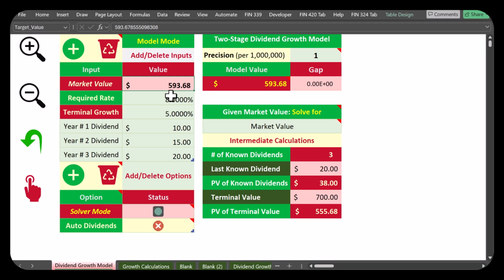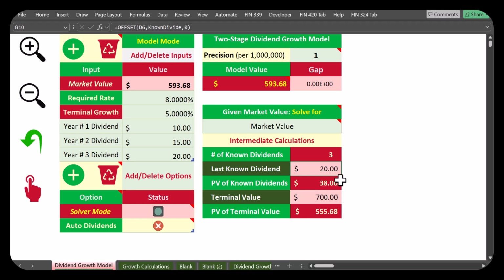And I made those intermediate calculations there on purpose for you to see where that 593 comes from. First, using an Excel formula, it determines exactly how many years of dividends are known. It's 3. It basically counts the rows in that input table and deducts 4 from that. That gives you 3 known dividends. And for the last known dividend, there's a nice little function in Excel called OFFSET.